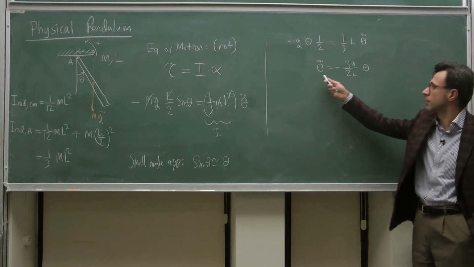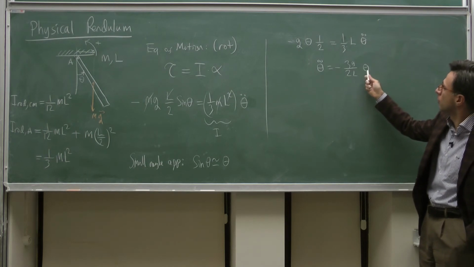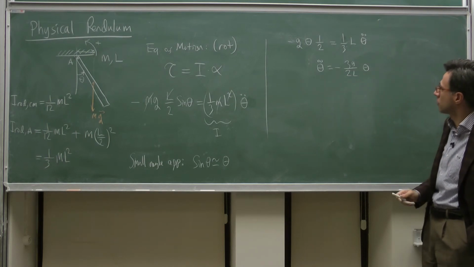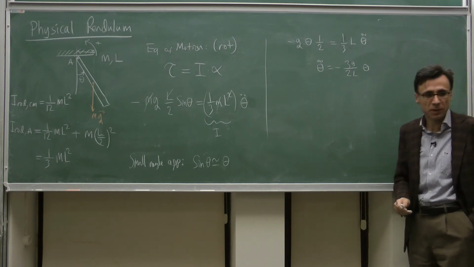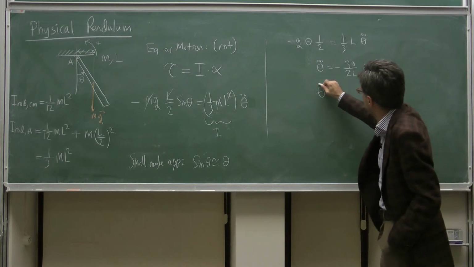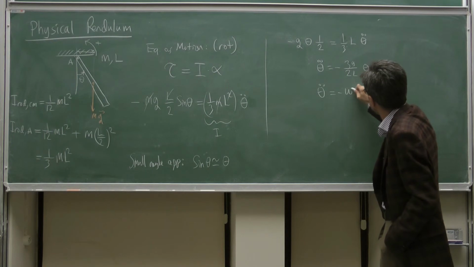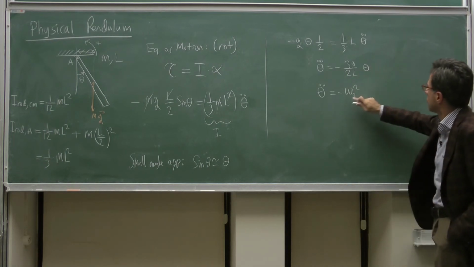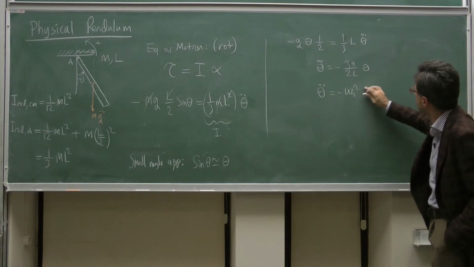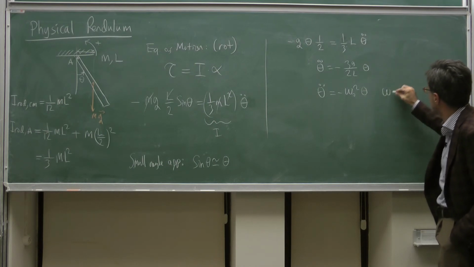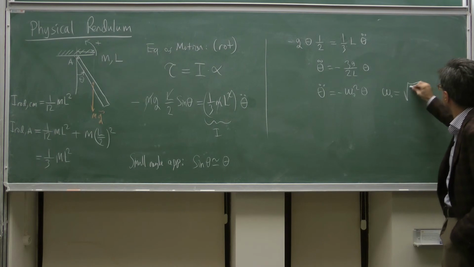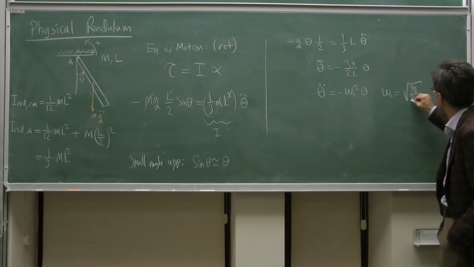The second time derivative is linearly proportional, with a negative coefficient, to itself, which means this is equal to negative angular frequency squared times theta, with omega naught defined as the square root of 3g divided by 2L.